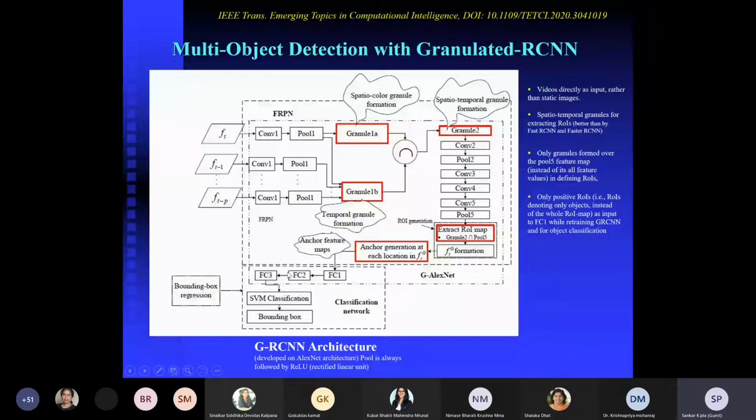And while retraining the GRCNN, and for object classification, it is very important: only positive ROIs instead of the whole map as input to the fully connected network.